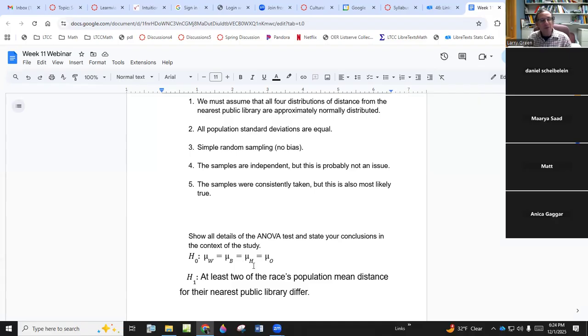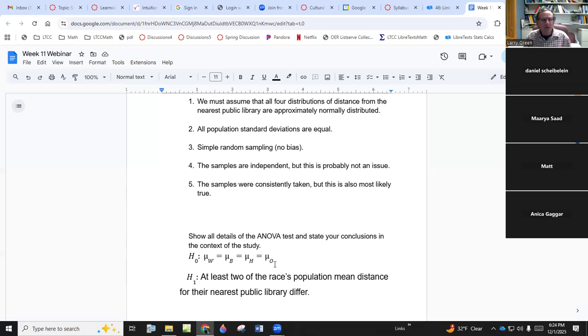They're equal to mu sub H. That's the population mean distance from the nearest public library that Hispanics live from, is equal to mu sub O, and that is the population mean distance from the nearest public library that groups from other races live from. Any questions on H naught?